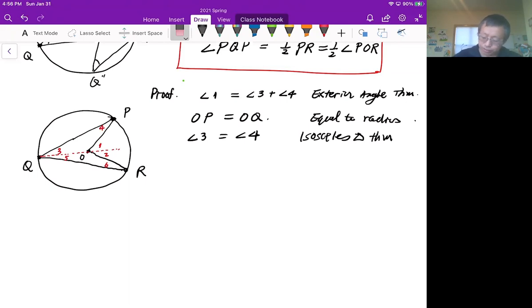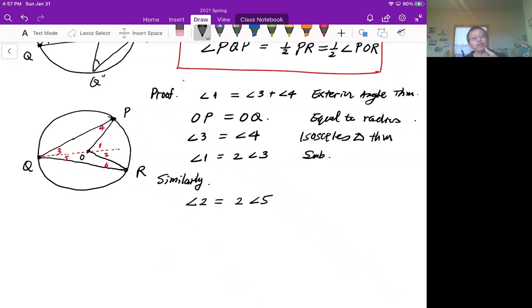From here, I can say that angle 1 is twice angle 3, because angle 1 is angle 3 plus angle 4, but 3 and 4 are the same. It's a substitution. Similarly, I can do the same thing for angle 2, which is twice angle 5.